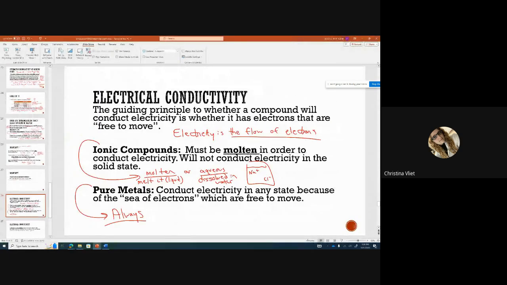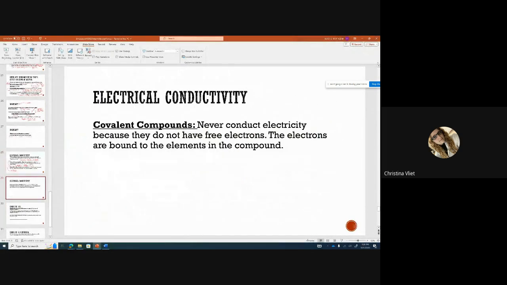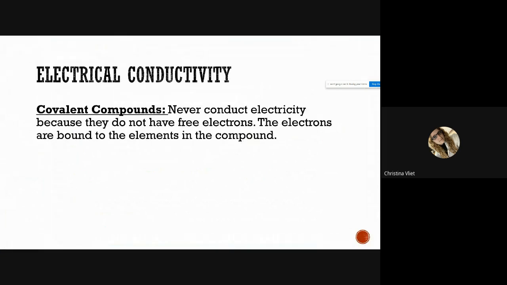All right, so covalent compounds, current slide. Do they ever conduct electricity? They do not have free electrons. In covalent compounds, the electrons are stuck in covalent bonds. That's why in earlier science class you were told that nonmetals were insulators, not conductive.